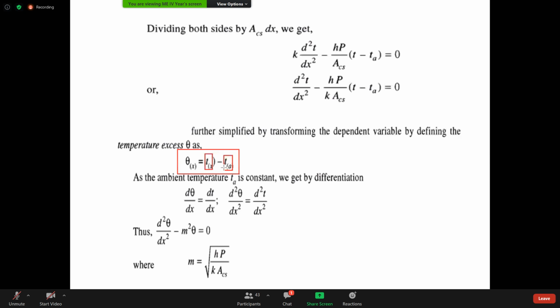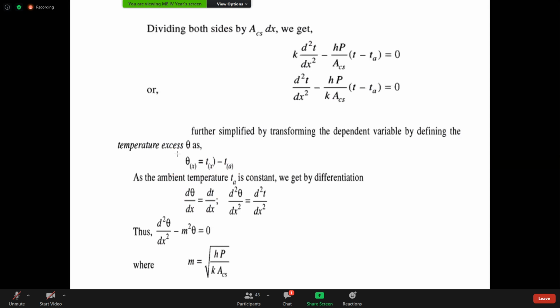So for example, if I differentiate this term, whatever this term is there, I differentiate, let's say, right? So d theta by dx is equal to dt by dx, since this T infinity is constant, right?